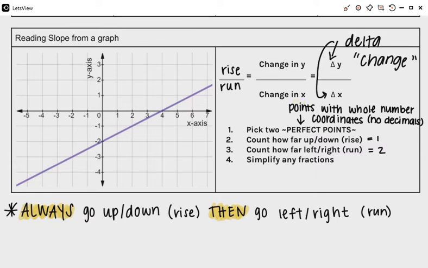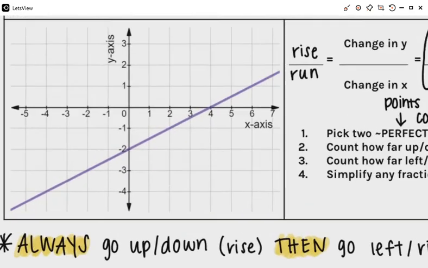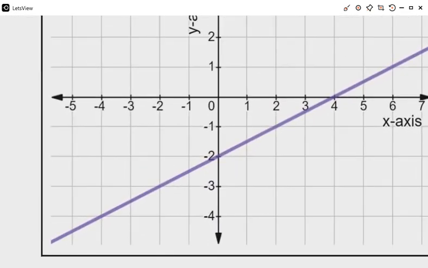Now we need to find our 2 perfect points on a graph. This graph doesn't give you points. Some graphs will. A perfect point is a point with whole number coordinates, no decimals. I think decimals are the worst. So if we look at our graph to find perfect points, this one would be perfect. We can easily write that as (0, -2).